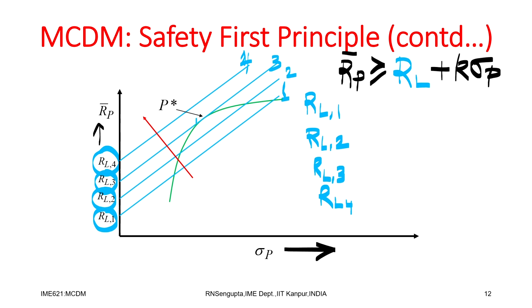The moment one of these lines is just tangent, that is the best point, which I have denoted by P star, and this red arrow means it is moving to the top left corner and goes on increasing. The moment it touches, it is tangent to that curve, because the green curve is fixed, only the blues are changing, and you are able to find it out. So, conceptually the diagram is like this.